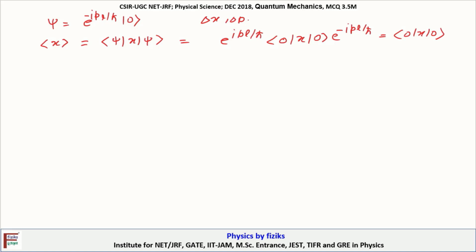So we can check it. There is no change in the average value of x due to the presence of the exponential term.